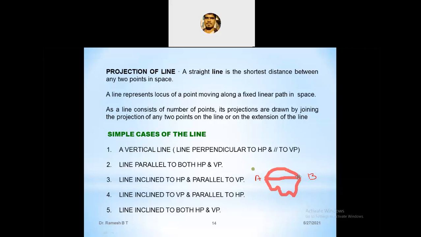In simple words, a straight line is the shortest distance and the locus of a particular point.